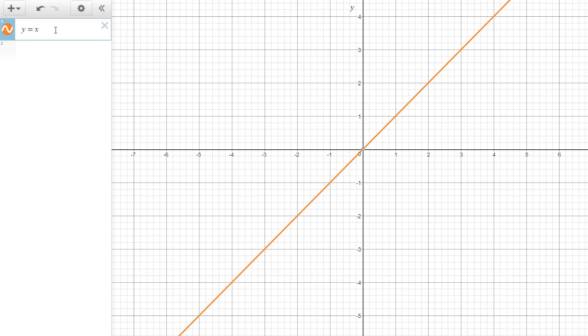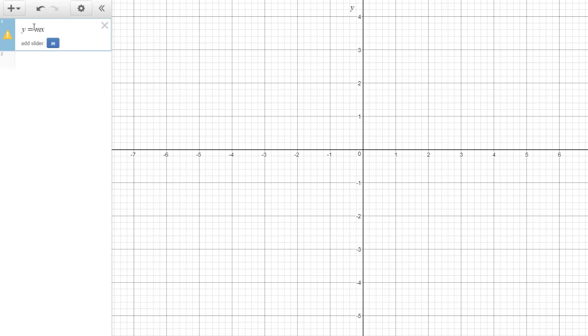We'll call it m. Really, what m defines is the steepness of the line. Now in maths we don't call it steepness, we call it the gradient. So m is the gradient of the line.